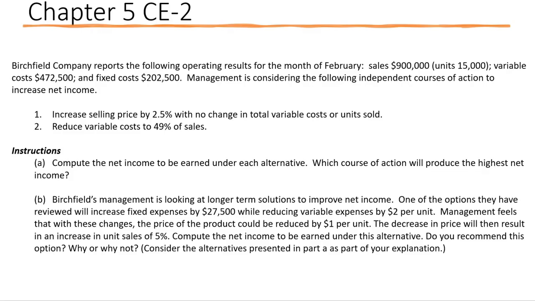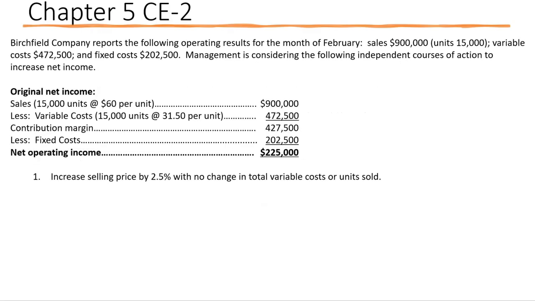So the first thing I'm going to start with is create the existing or original net income. So using the information given in the problem, our sales of 900,000, which was 15,000 units. Using that information, we can see that our per unit sales is $60. 472,500 is our variable costs.